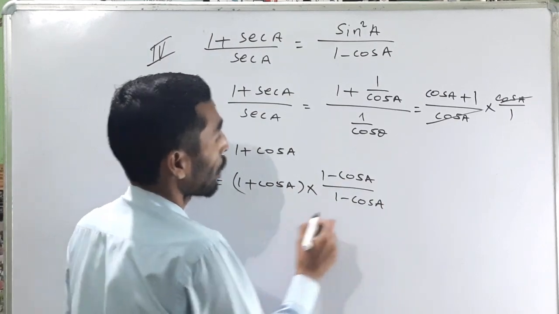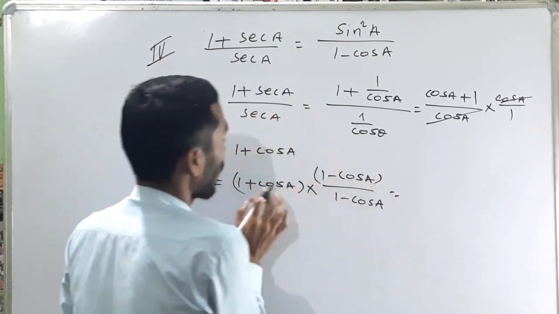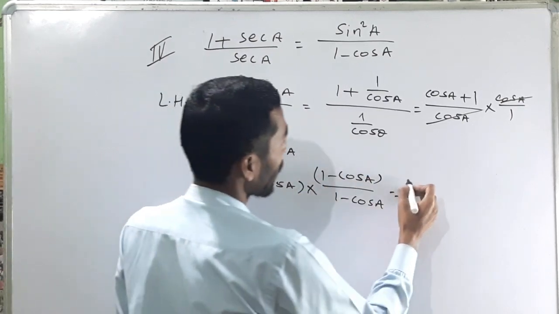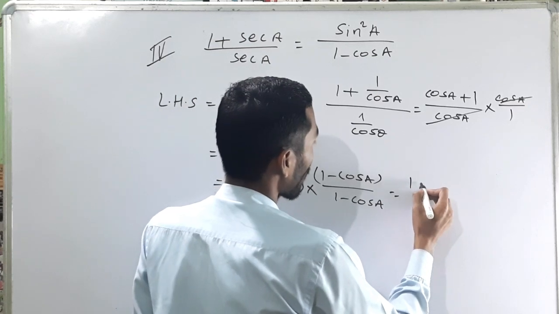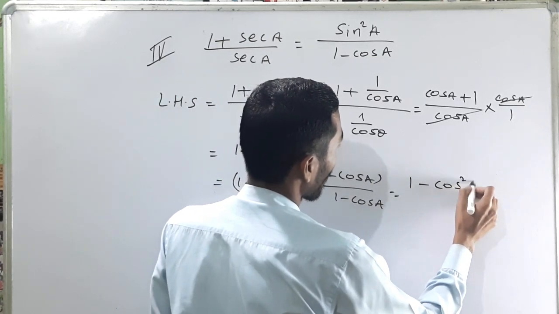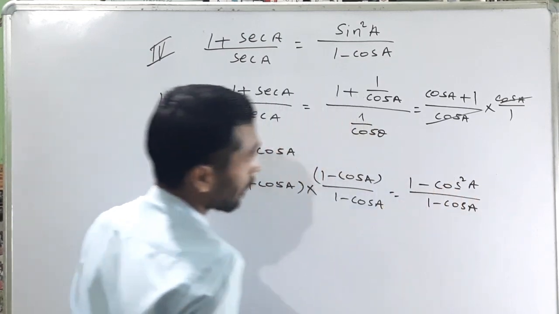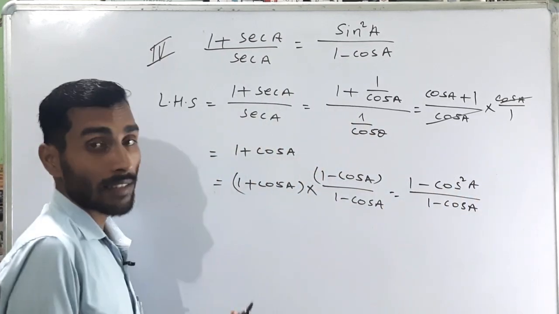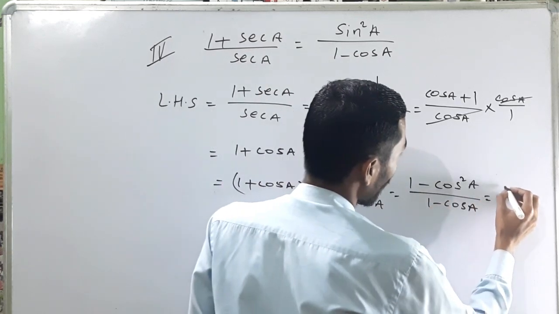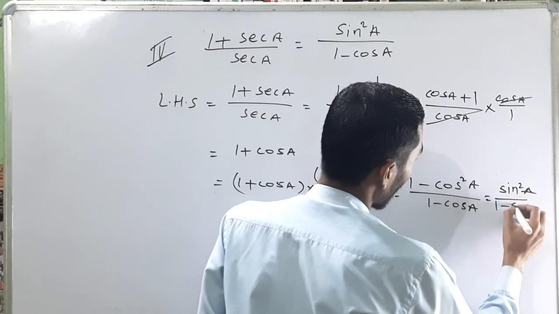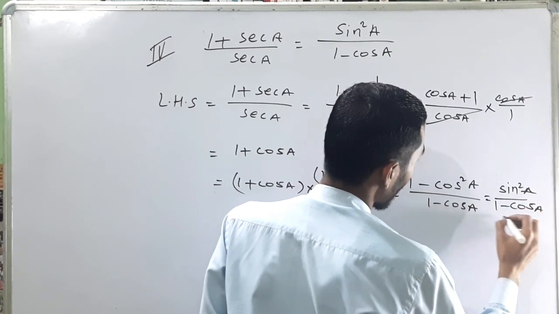After doing that we can multiply: (A plus B) into (A minus B) is A square minus B square. So we can write 1 square minus cos square A by 1 minus cos A, and 1 minus cos square A can be written as sin square A, by 1 minus cos A.